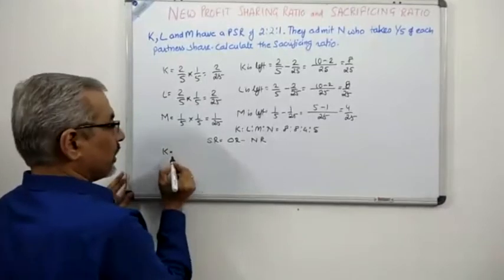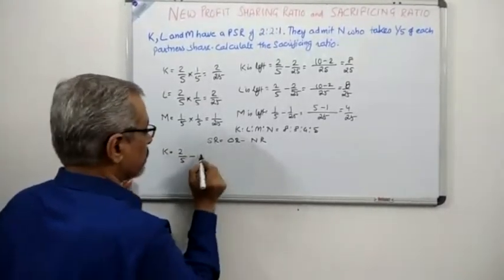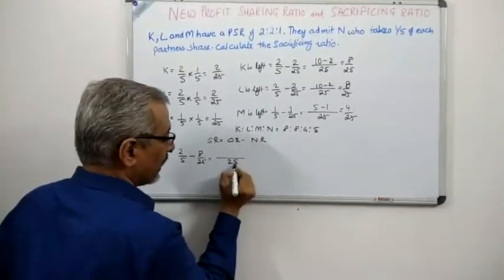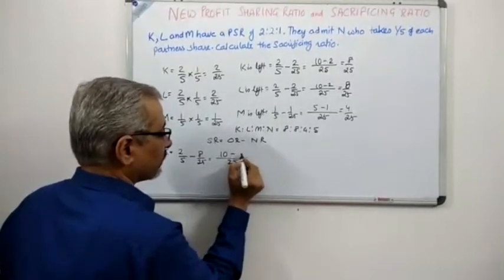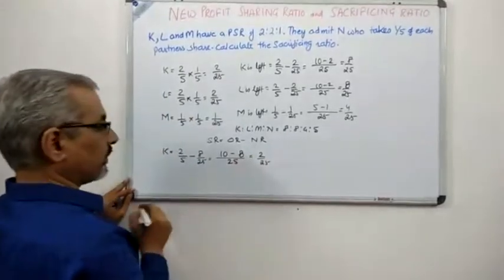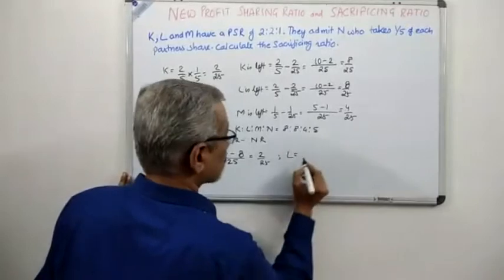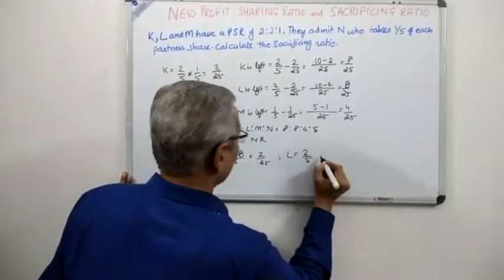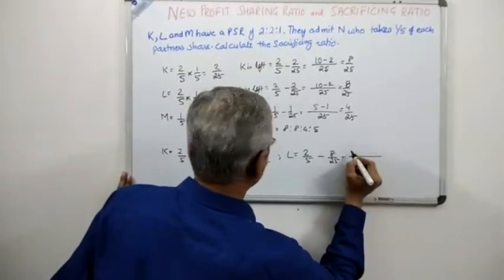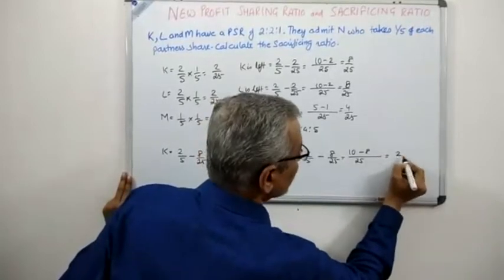For K first, what was the old ratio of K? 2/5. What is the new ratio? 8/25. So what will be the sacrificing ratio? Over 25, 10 minus 8, that is 2/25. This is for the first partner. Now let us calculate for the next partner, that is L. L's share was again 2/5 minus 8/25. Same calculation. 10 minus 8 over 25, that is 2/25.